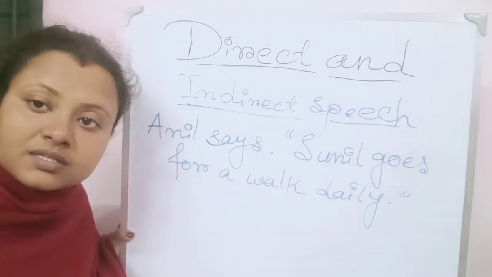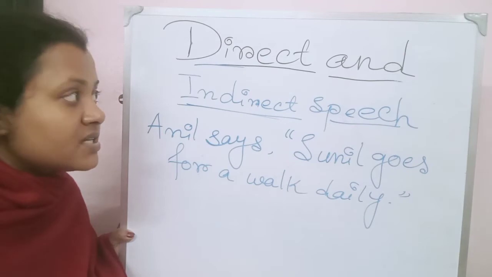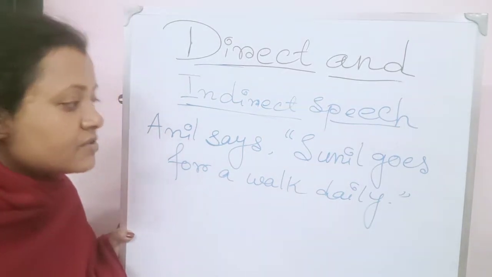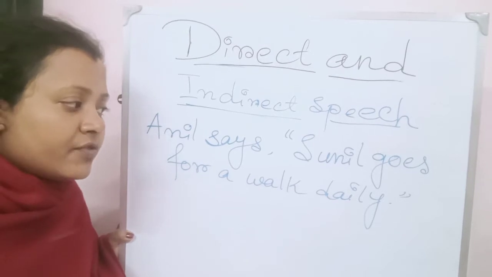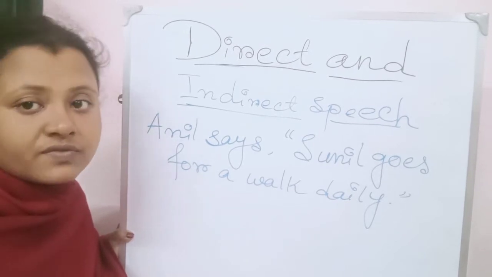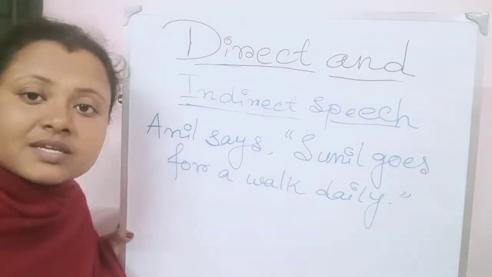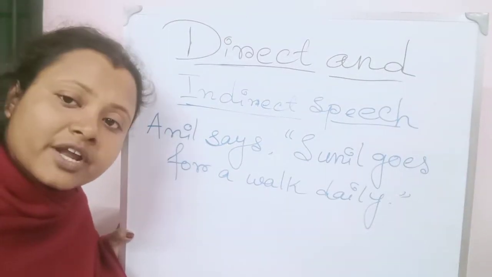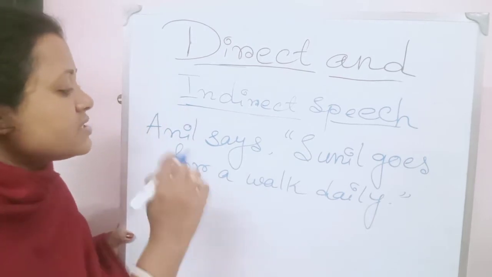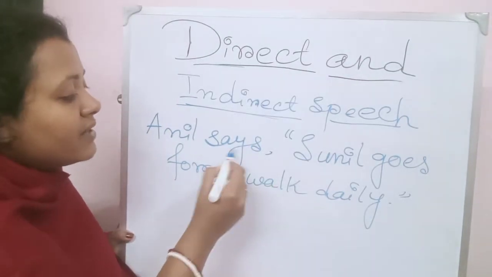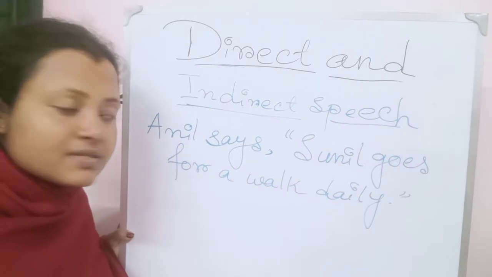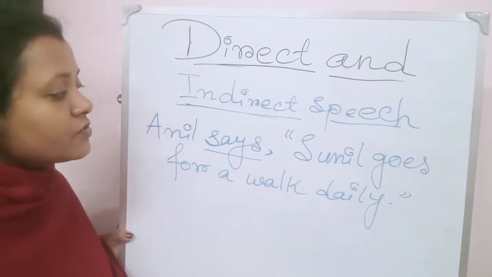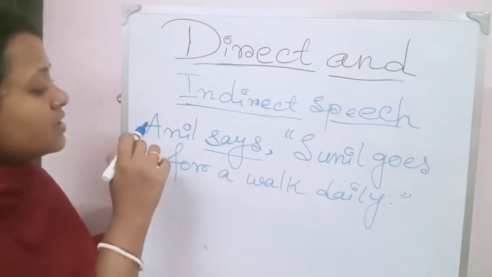So what is this sentence? Is it written in direct speech or indirect speech? How will you identify? First, we will learn about the identification of the sentences, whether they are written in direct speech or in indirect speech. See, there is a comma in the sentence after the reporting verb. So what is the reporting verb?